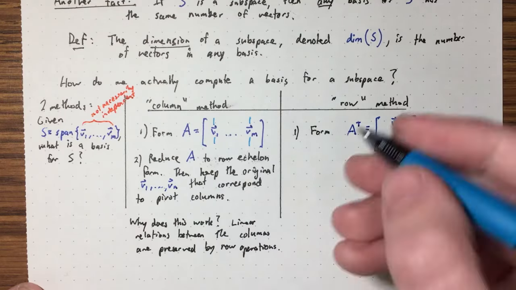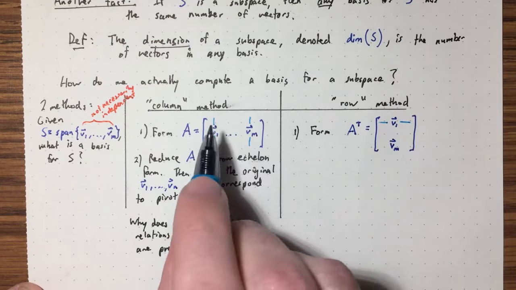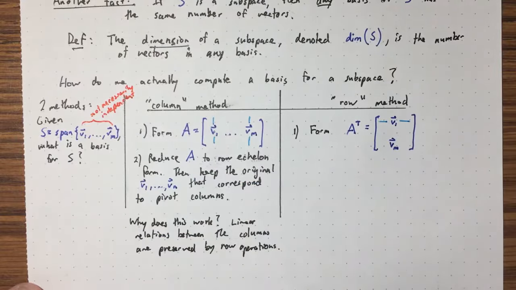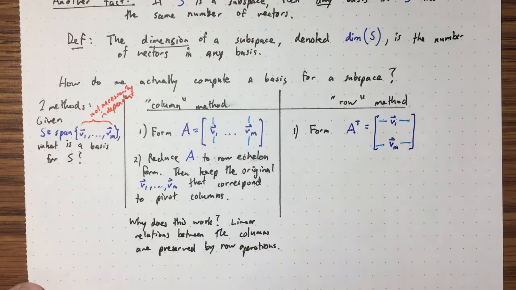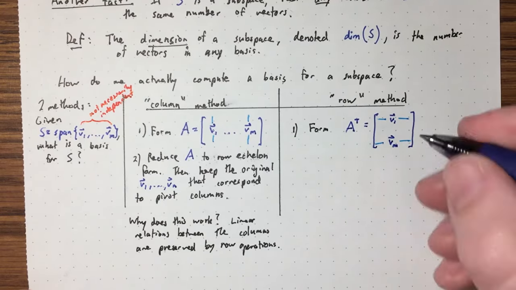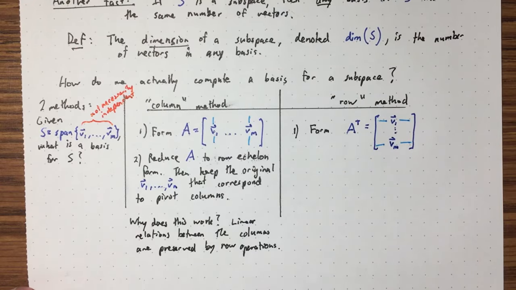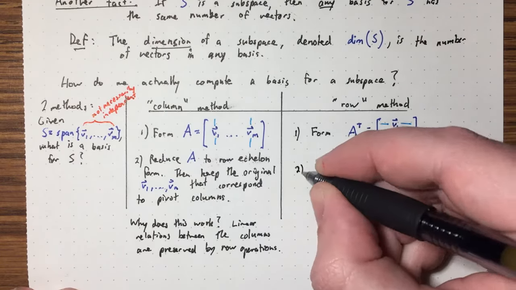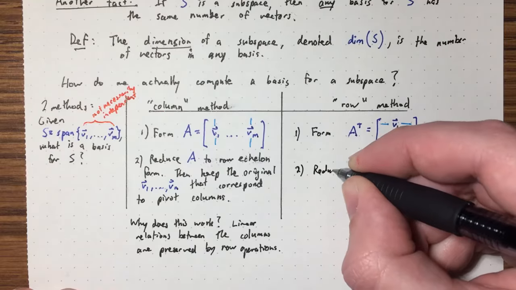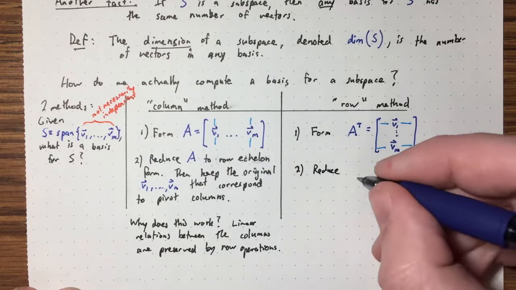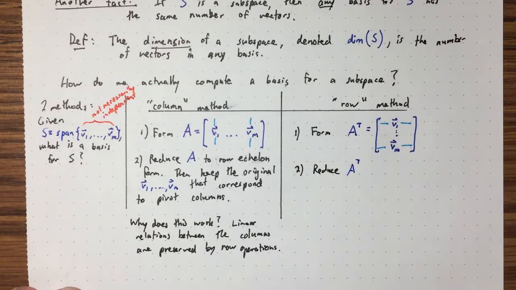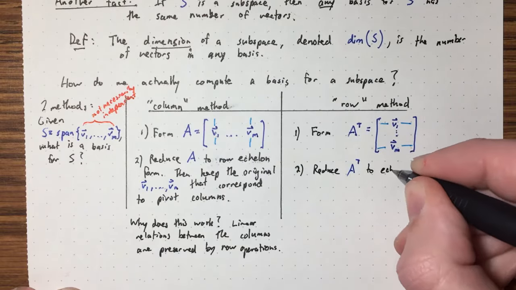I'll put my first vector, flip it this way, and put it as the first row, and then go down the rows. And now again, I'm going to reduce A transpose to echelon form.